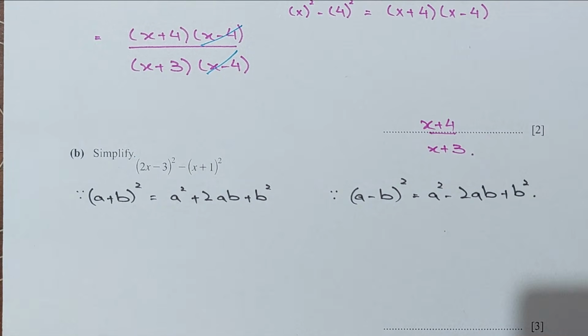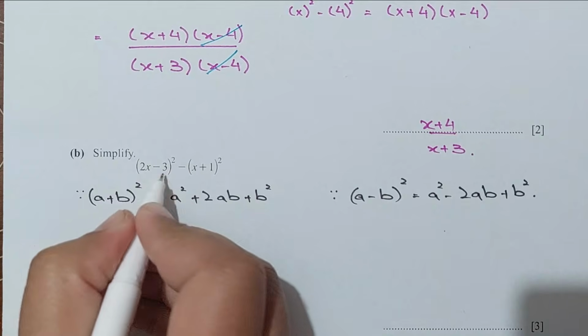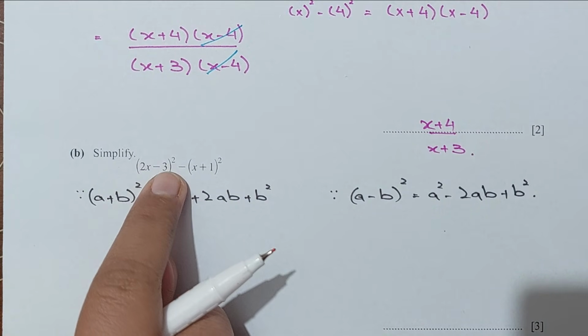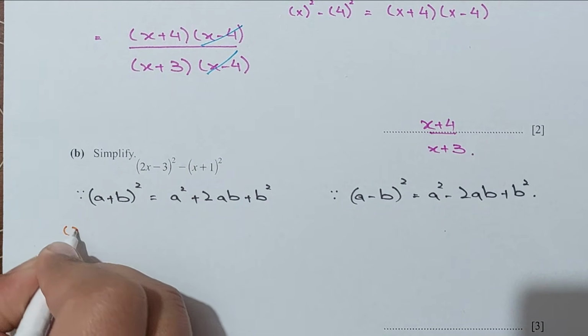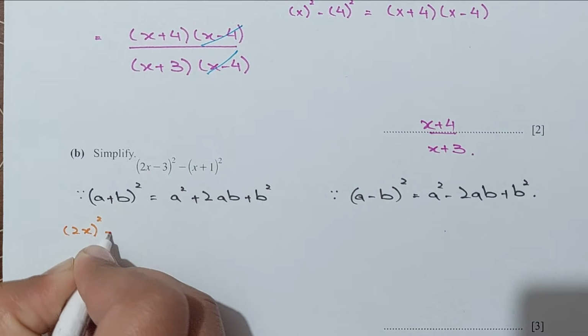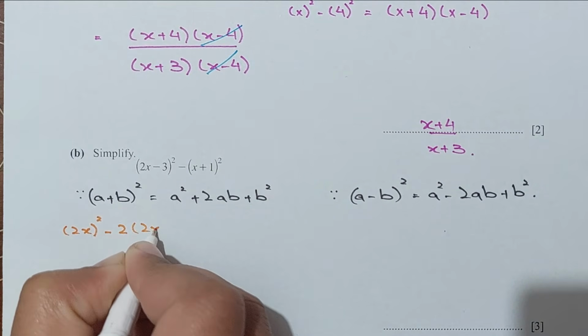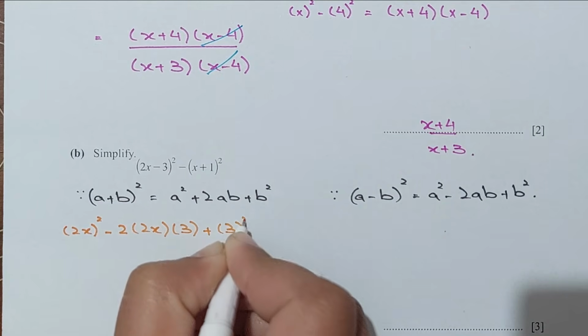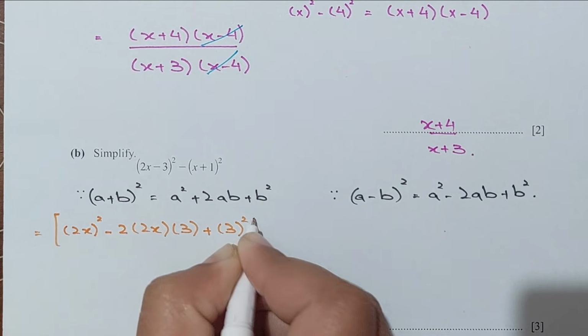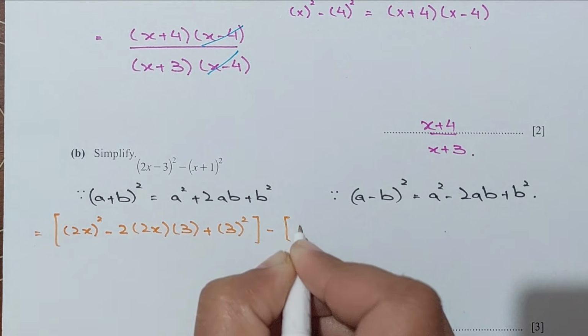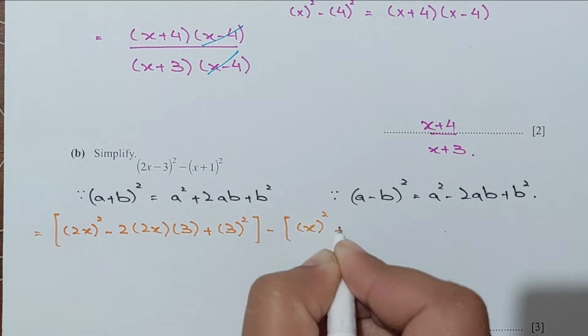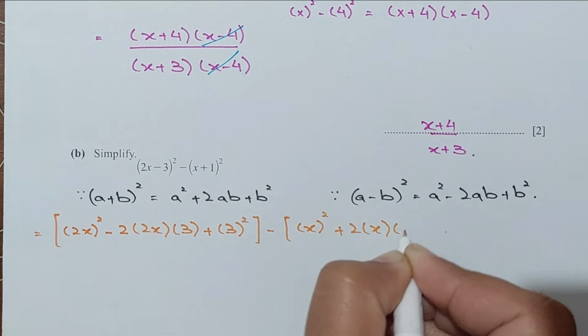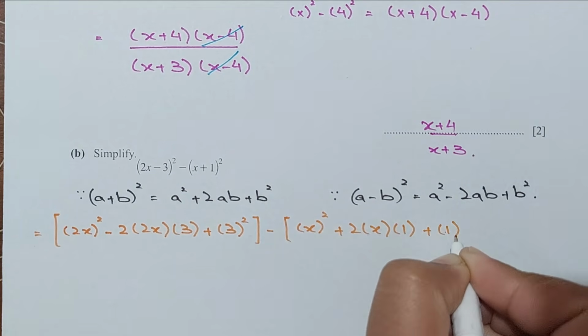All right, a is 2x and b is 3. The first term is 2x its square minus 2 into the first and the second term, plus the second term square, minus the first term square plus 2 into first term into second term plus the second term square.